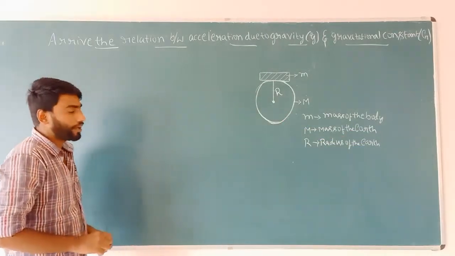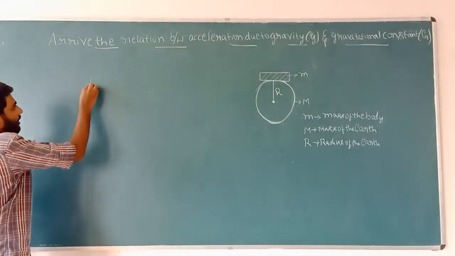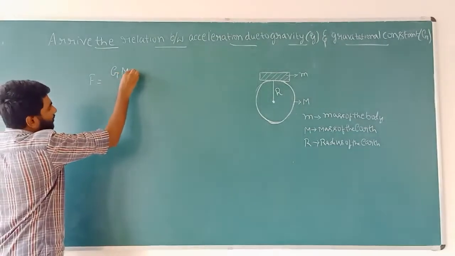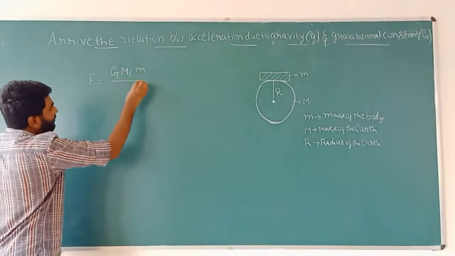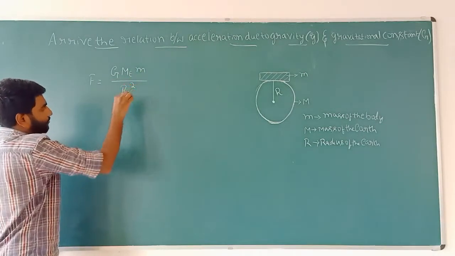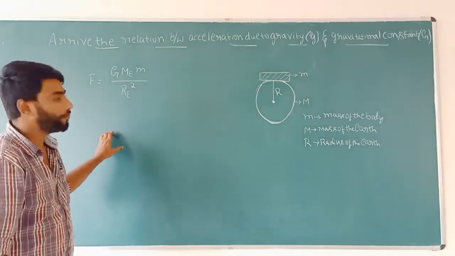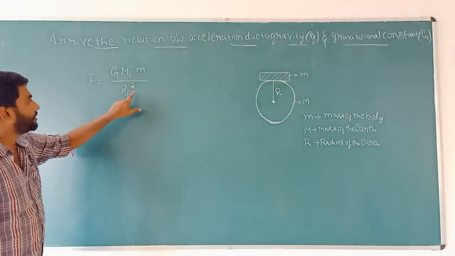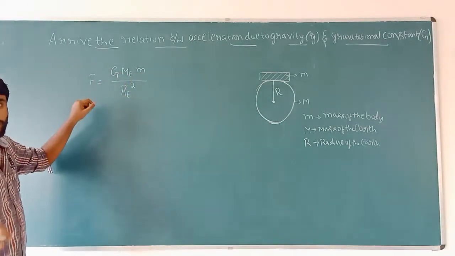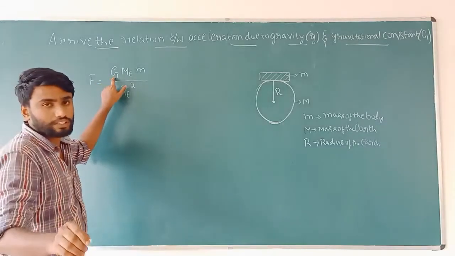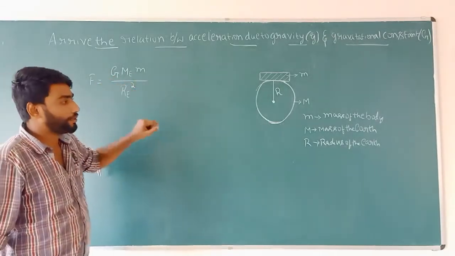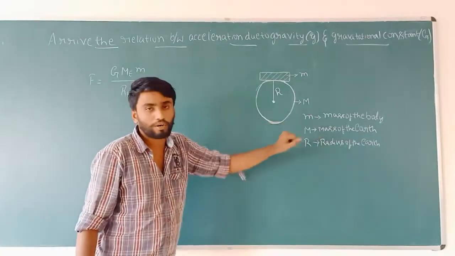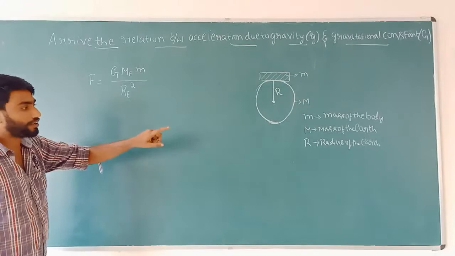So you know that according to the gravitational law, F equals G m e m by r e square, where F is the force, G is the universal gravitational constant, m e is the mass of the earth, small m is the mass of the body, r e is the radius of the earth.